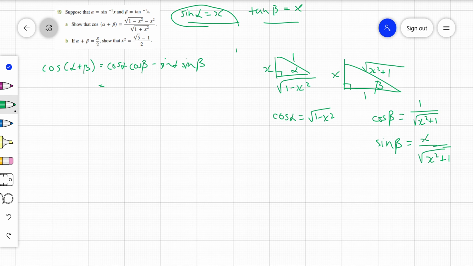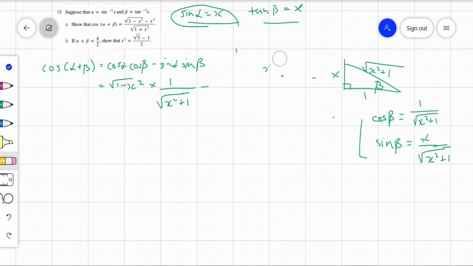So using all those and subbing them in, cos alpha is square root 1 minus x squared. Cos beta is 1 over root x squared plus 1. Then we've got minus, I haven't left myself any room, sine alpha and sine beta, which are here. So I'm going to rub this one out because I don't need that one now, and hopefully fit this in.